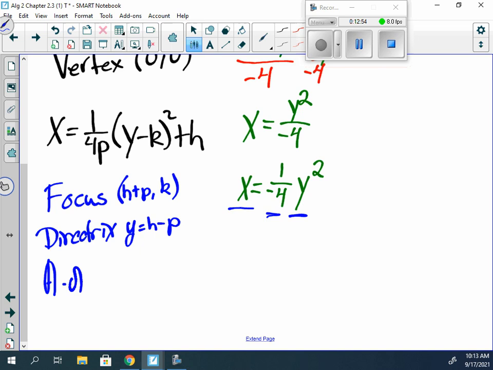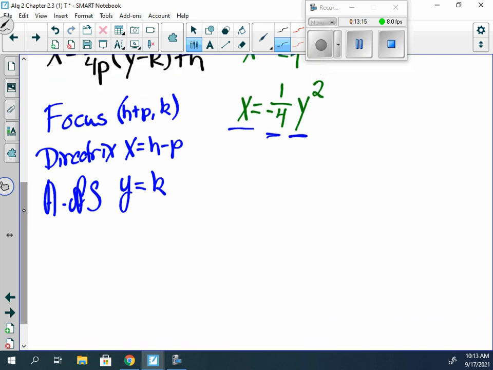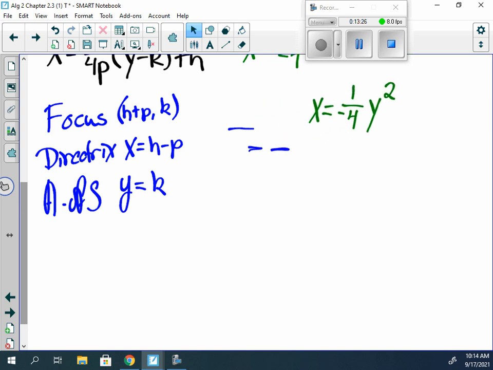And the axis of symmetry is y equals, okay, that should be an x. x equals h minus p. Any questions on this here so far?